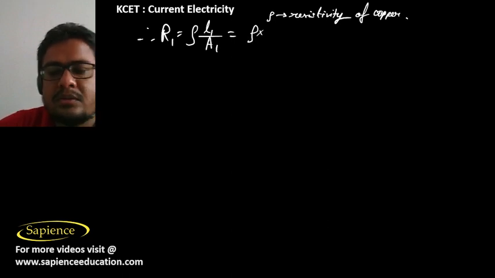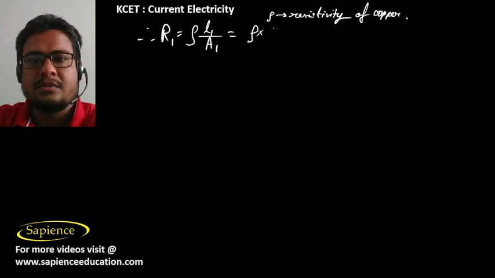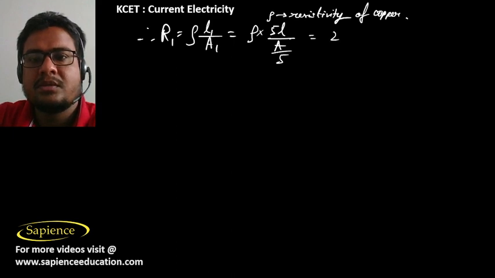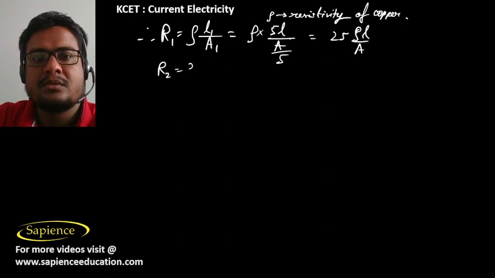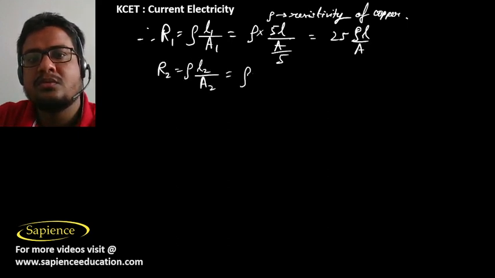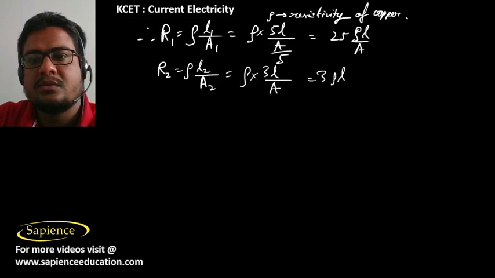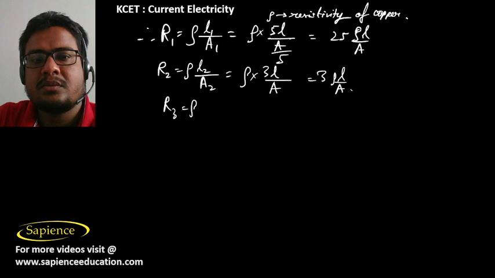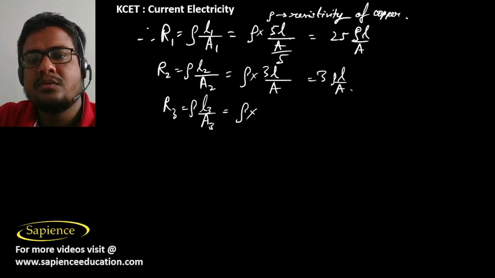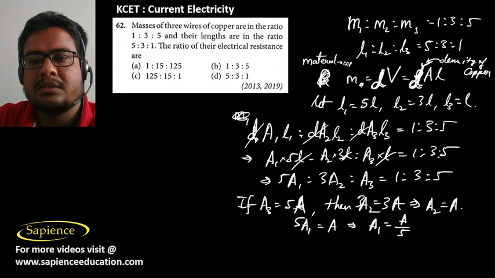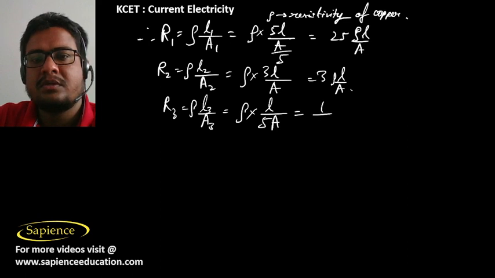This will be rho into 5L divided by A by 5, which is 25 rho L by A. R2 is rho into 3L by A, that is 3 rho L by A. And R3 is rho into L by 5A, that is 1 by 5 into rho L by A.